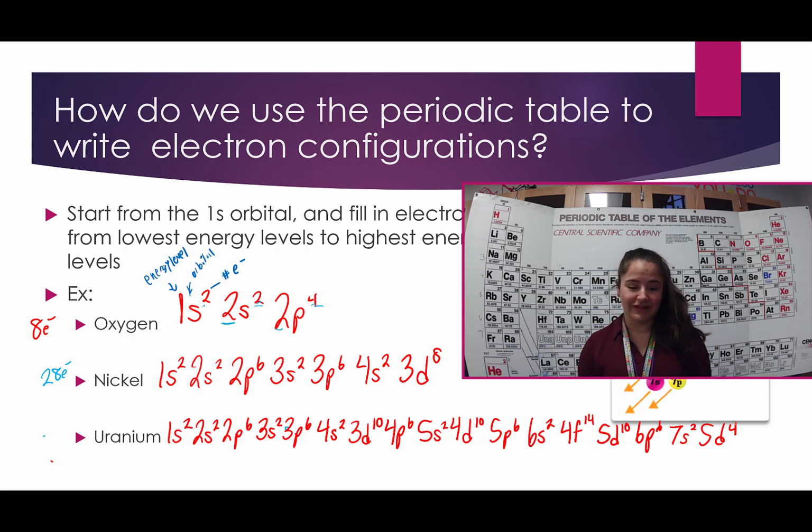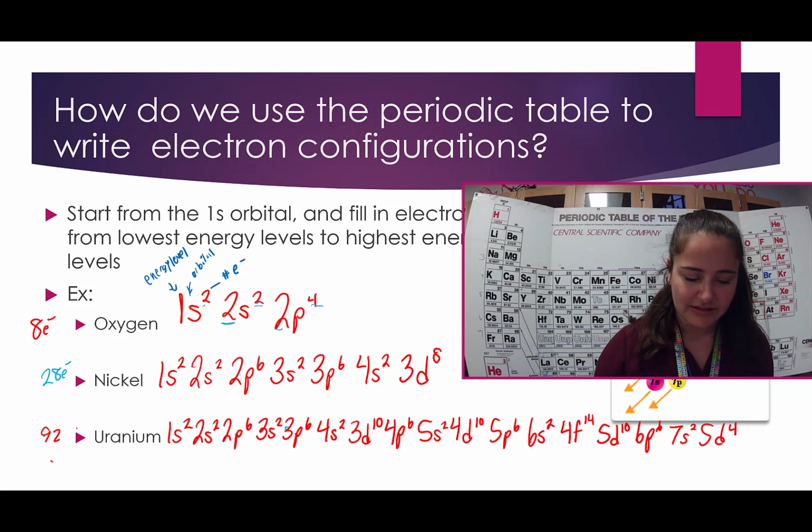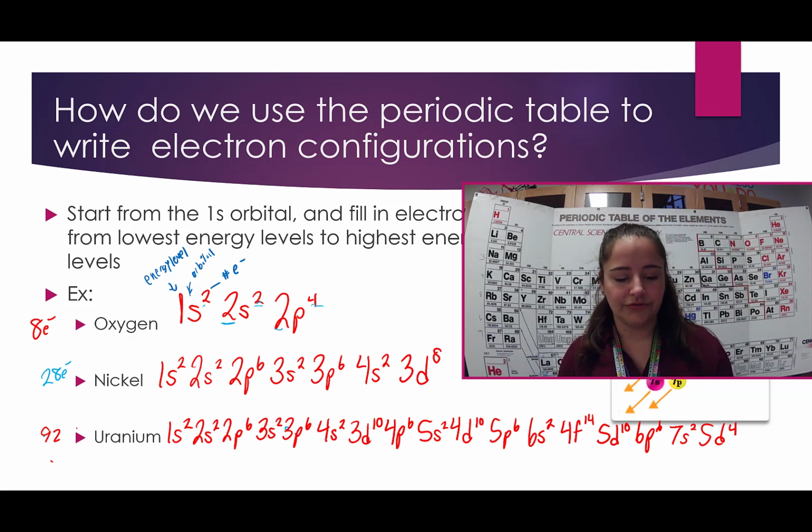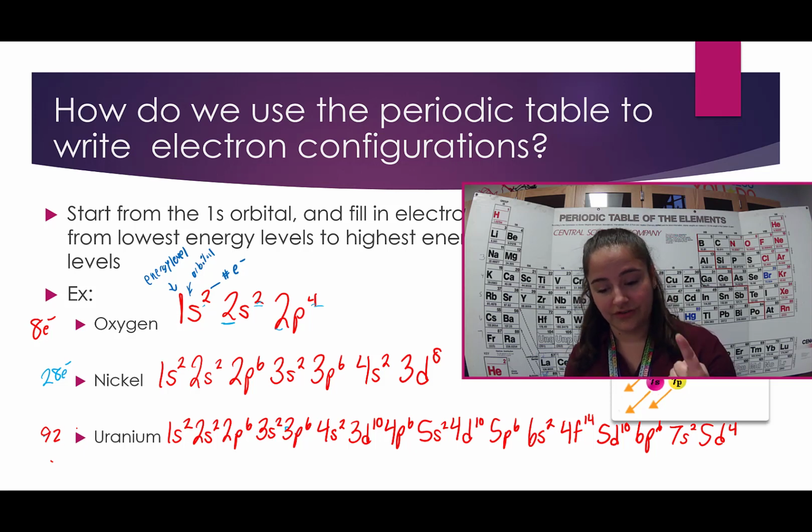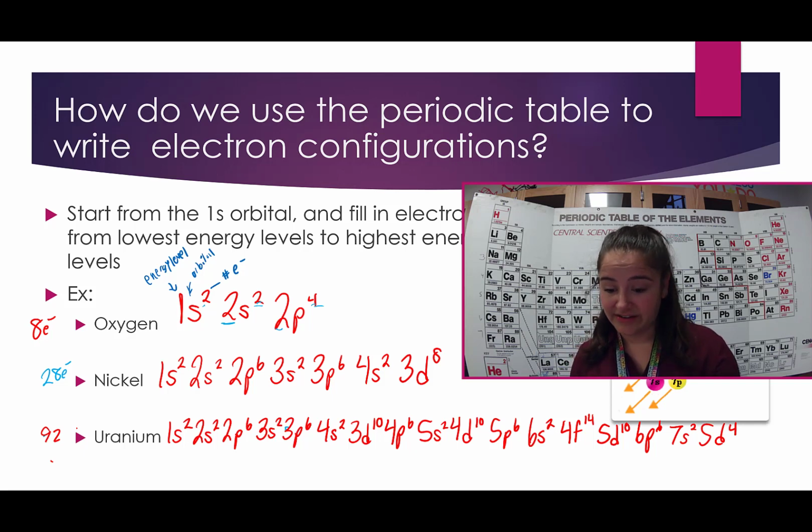Okay, cool. Because we need all of our electrons to add up to the 92 electrons. So 2, 4 plus 6 is 10, 12, 18, 20, 30, 36, 38, 48. 48 plus 6 is 54, 56. 56 plus 14 is 70, 80. 80 plus 6 plus 6 plus 12, 92.